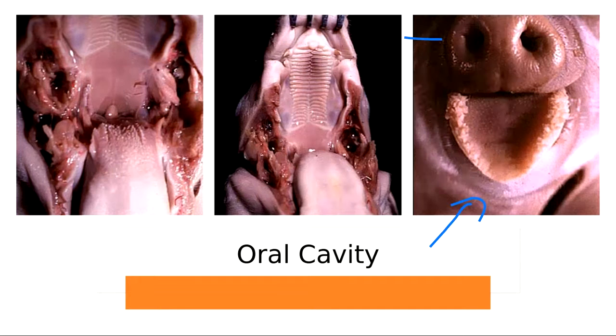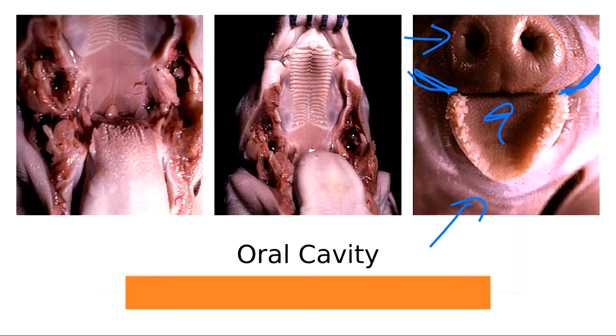In other words, you have the nostrils, right? And here's the tongue. We would open the mouth by cutting here and cutting there, through the muscles that hold the mouth together, the jaw and the cranium together.